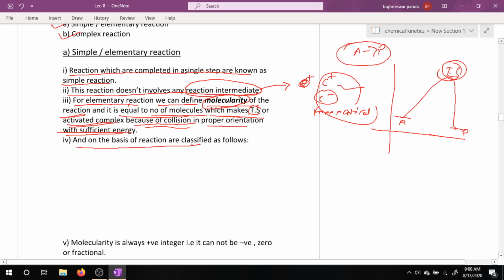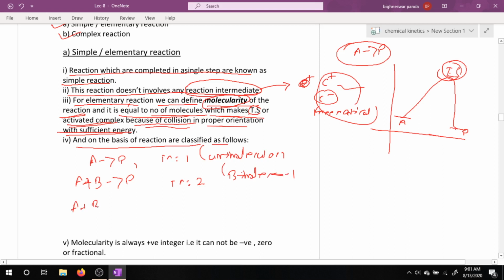On the basis of molecularity, reactions are classified. If A gives rise to P, that means molecularity is equal to 1, that is called unimolecular reaction. If A plus B gives rise to P, two reactants are present, so molecularity is 2, that is bimolecular.